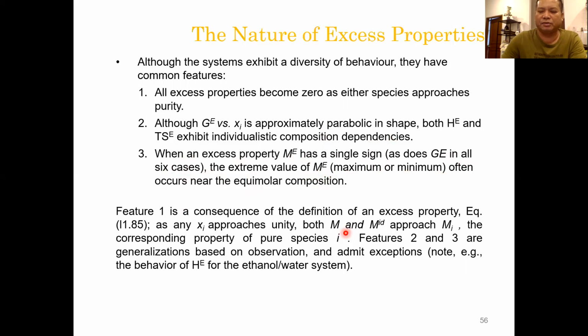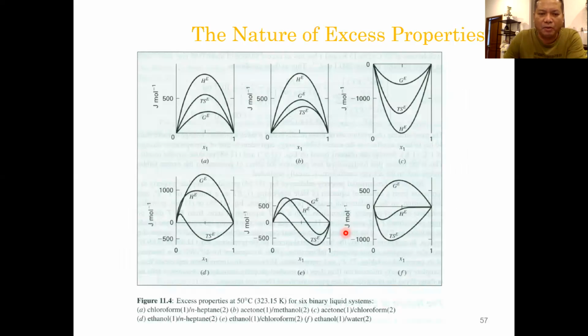Okay, what do all these three mean? If we plot it into a graph here, when it's 0 it means it's pure species 2, and 1 is pure species 1. So when it's a pure species, everything is going to be 0. There's no excess, so it behaves like a pure property.